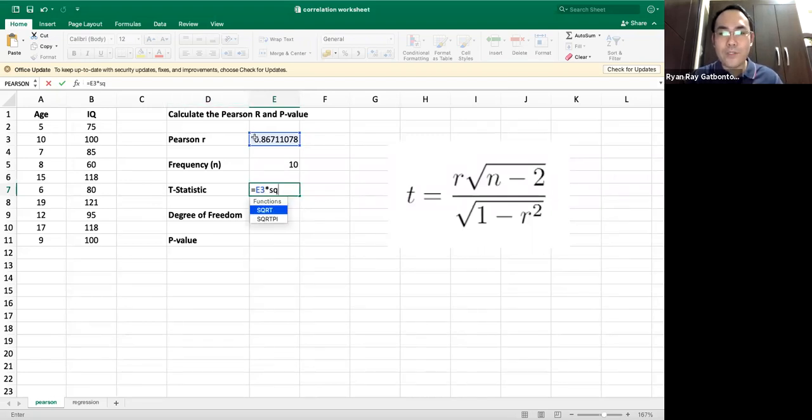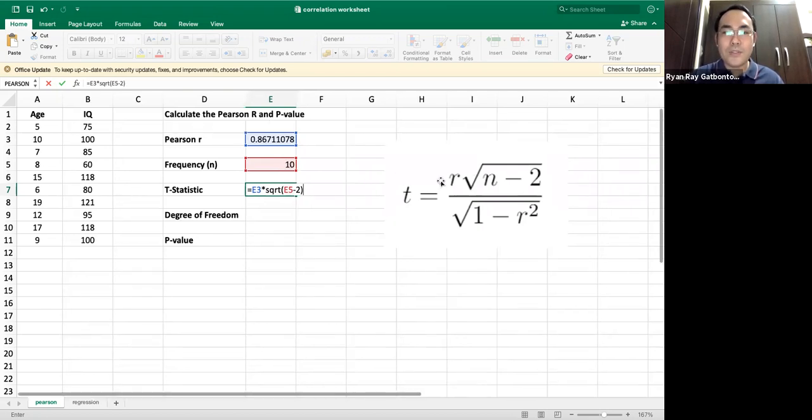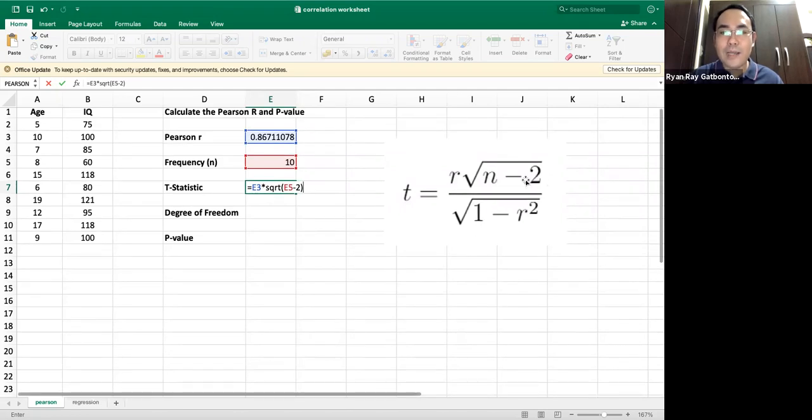The formula for square root is SQRT. Then open parentheses, select your n, minus 2, and close parentheses. This is the upper part of your formula.